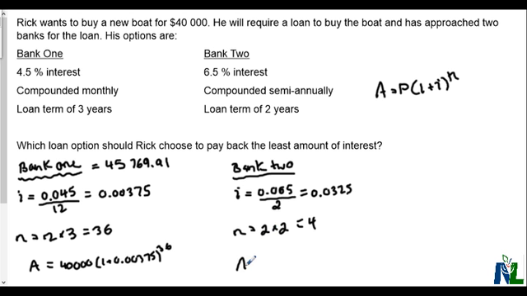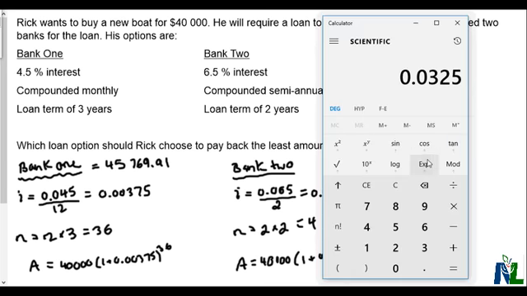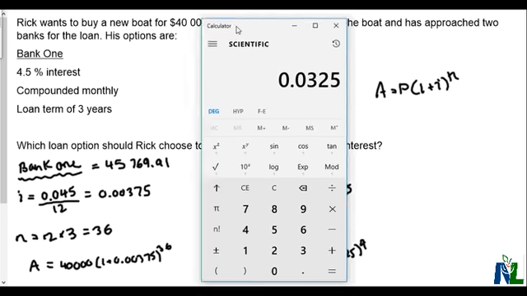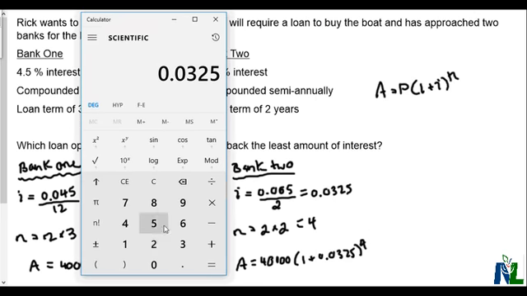So we're filling that into our formula here. We've got 40,000 times 1 plus 0.0325. That's going to be to the 4. So grab my calculator here. And I've got 1 plus 0.0325.